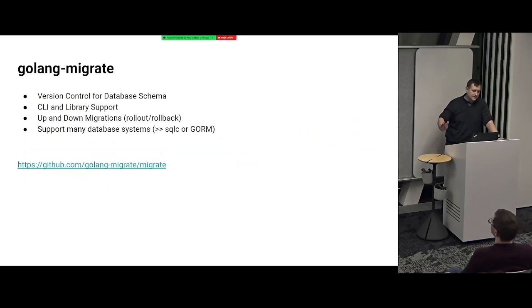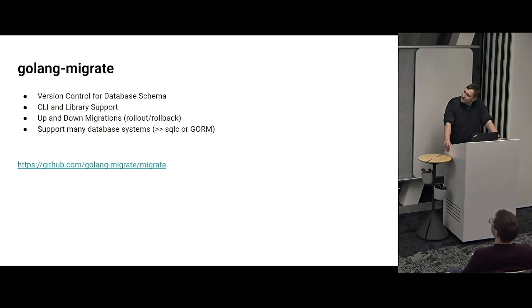With SQLc, you need to handle migrations, and Golang Migrate is a nice tool for that. You have version control of your database schema. It can do up and down migrations, which is basically roll out and rollback. It has a command line interface, and it also has library support, so you can actually control your schema from the code as well.